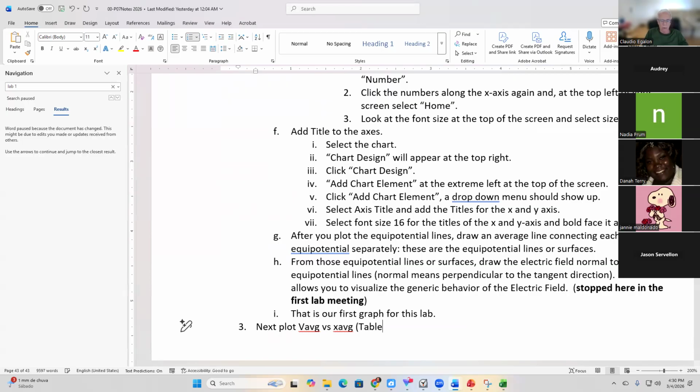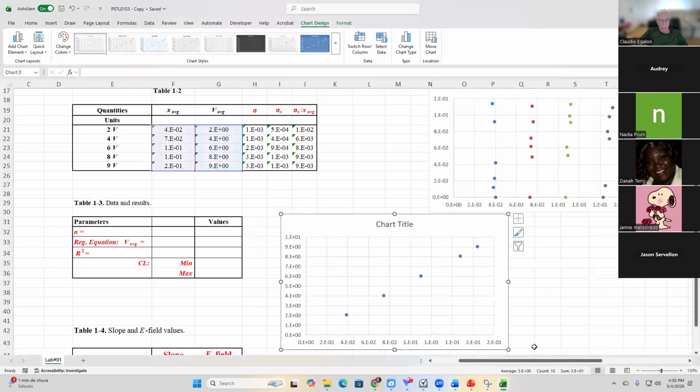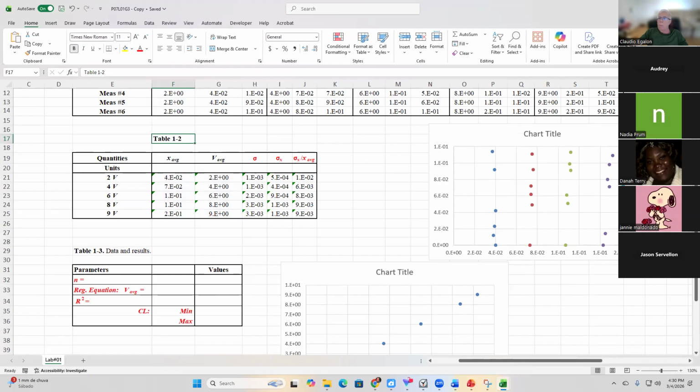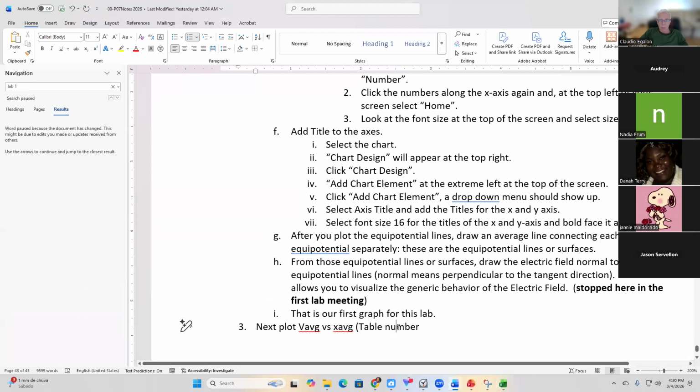That's table number 1-2. Yeah, table 1-2. Okay.